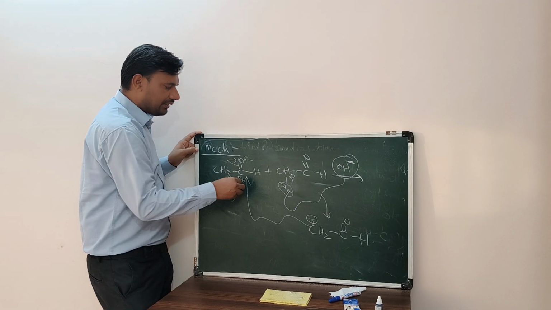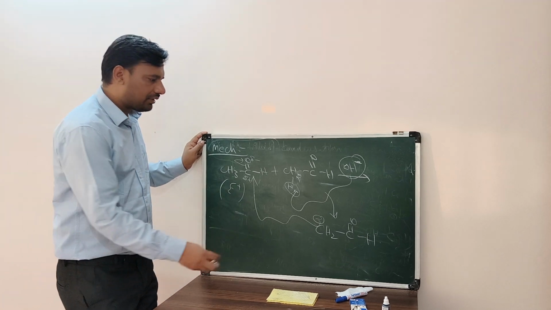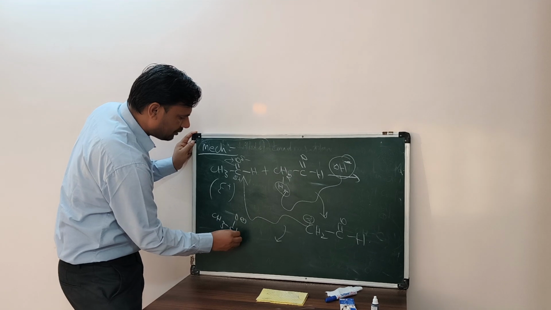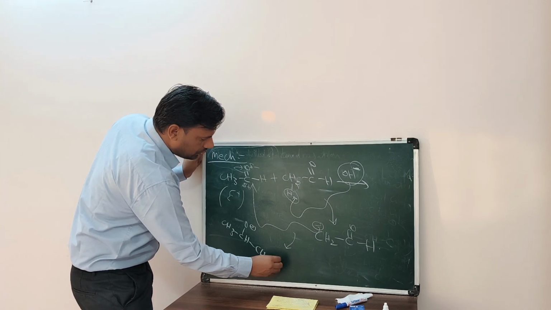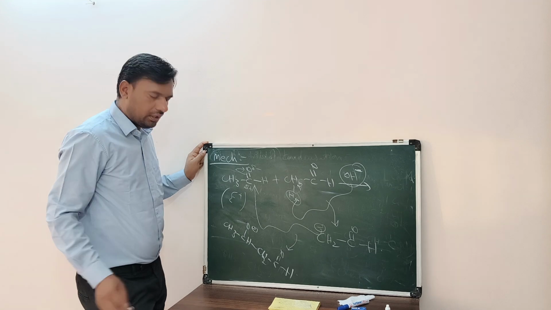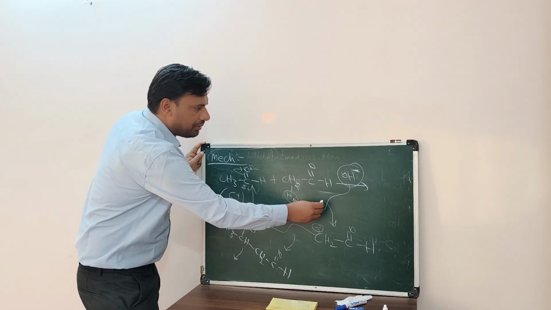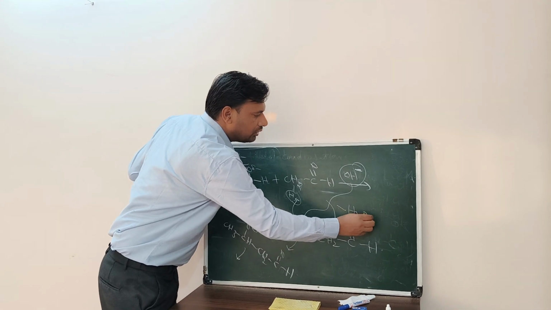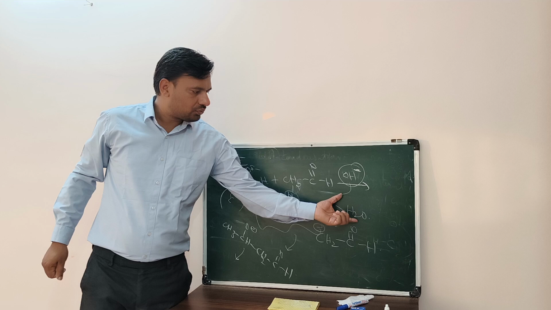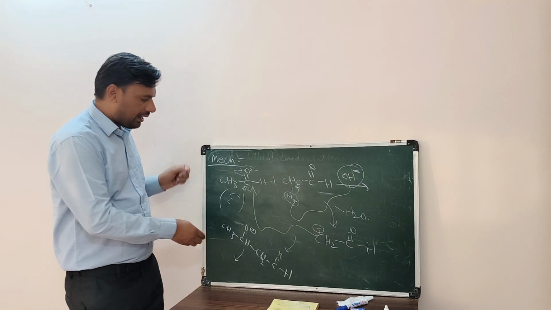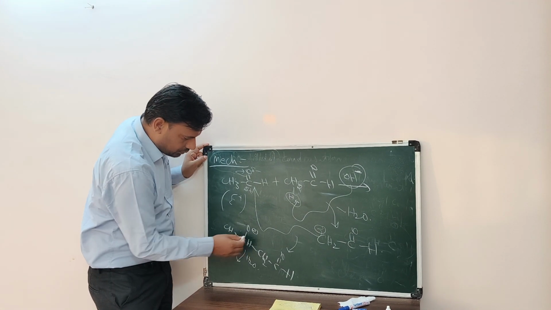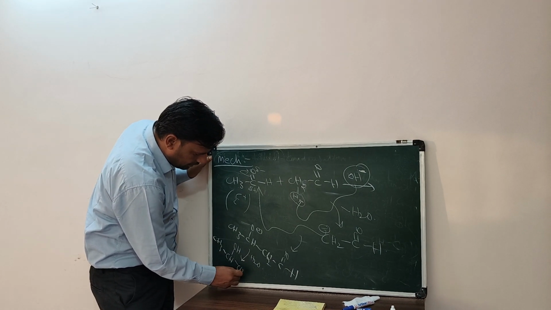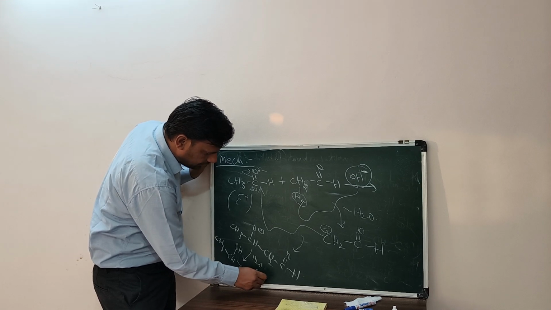This negative charge will attack this carbonyl carbon, and if it is reacting, this will make CH3CH O minus CH2 C double bond OH, and this negative charge in basic medium picks up H plus, so it is removed as H2O. In the reaction H2O is present, so this H2O again protonates these molecules. So CH3CH OH CH2C double bond OH.